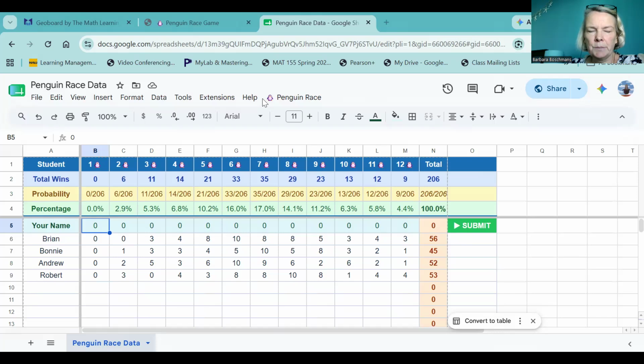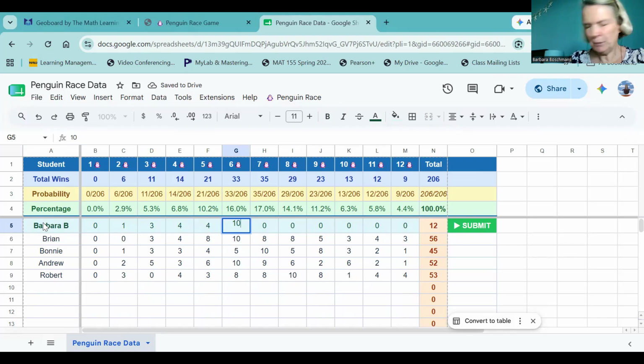Okay, so this is the spreadsheet, and you will put your name, just your first name and your last initial. So everybody will go to the top row and enter your name, and then you will enter how many ones you had. So this is my data.